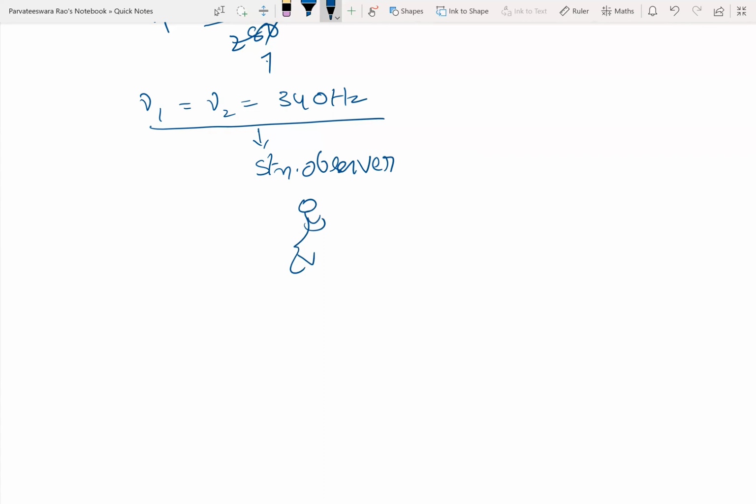One fork moves away from the observer, and another fork approaches him.